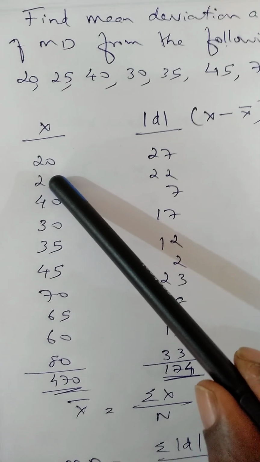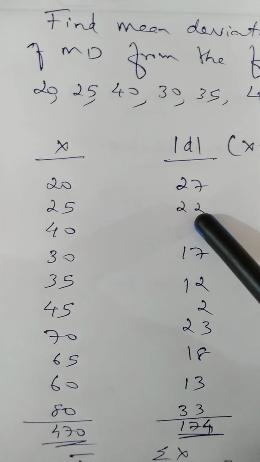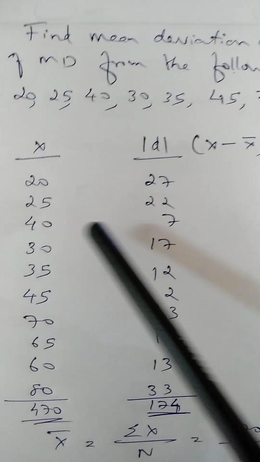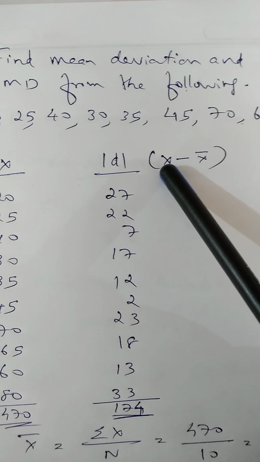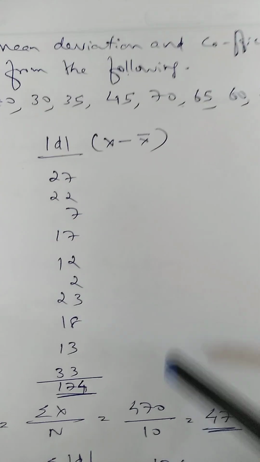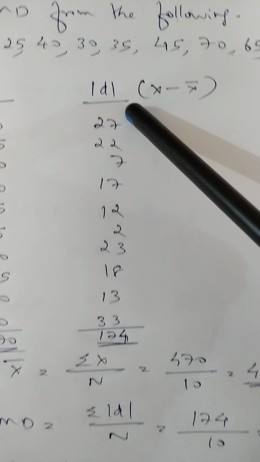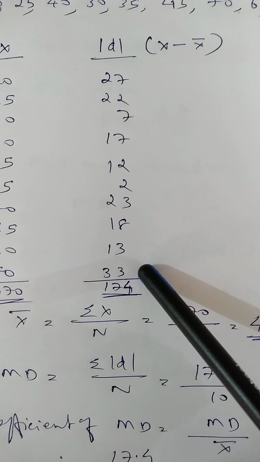So, 20 minus 47, 27. Then again, 25 minus 47. Then 40 minus 47. In this way, each x variable minus mean value, where the mean value is 47, gives this modulus d column.